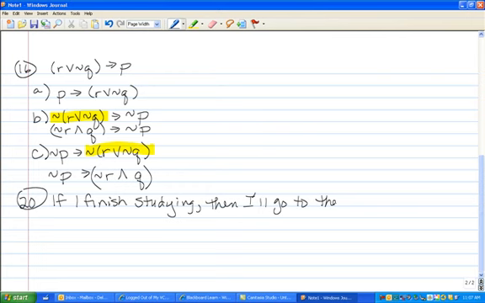Okay, 24. All whole numbers are integers. The all part becomes the if part. If it is a whole number, then it is an integer.